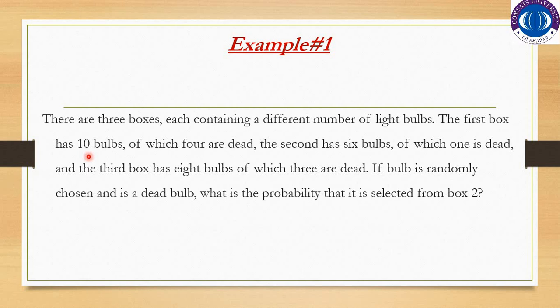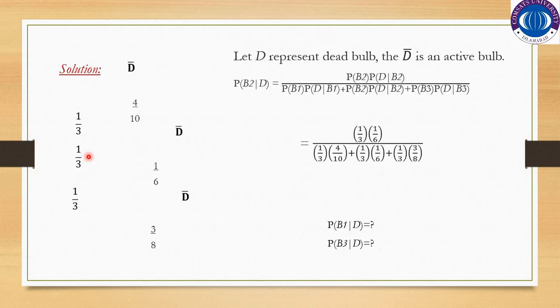So, by applying the definition of the probability of an event, number of favorable outcomes divided by total number of outcomes, the probability of selection of a dead bulb from box 1 is 4 by 10. And the dead bulb coming from box 2, the probability is 1 by 6. And the dead bulb coming from box 3, probability is 3 by 8.